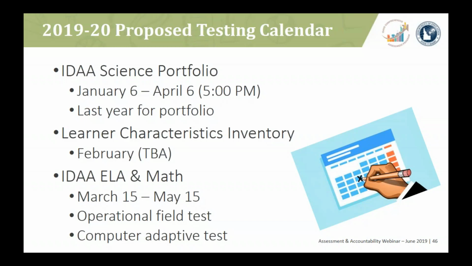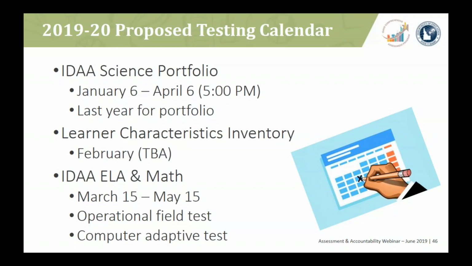The alternate assessment ELA and math windows are the same as for the other ISAT testing, March the 15th through May 15th. This year, we're having an operational field test. You may recall that this year, every student who took an alternate assessment in ELA and math, except if they used the early stopping rule, took field test items at the end of the test.